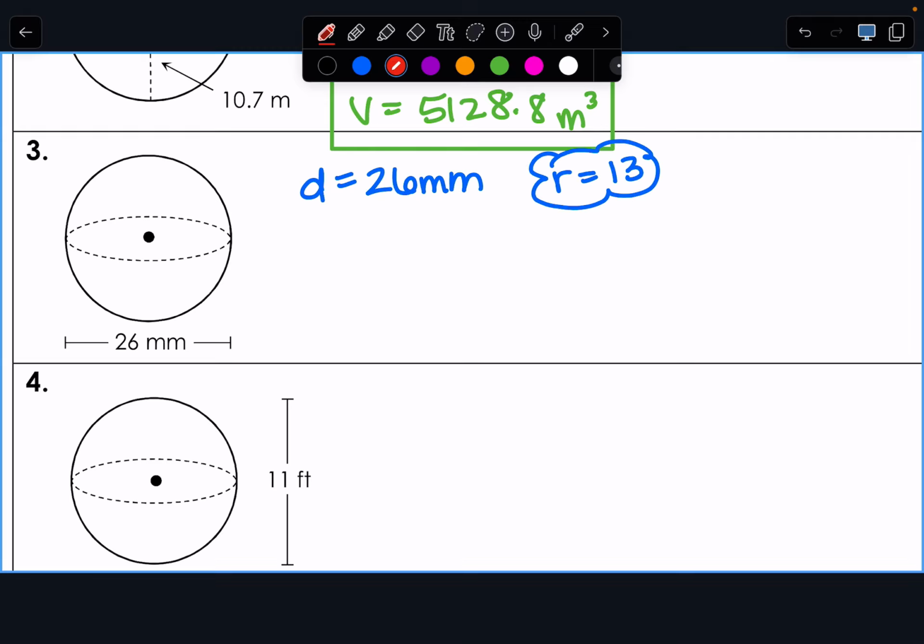So when I go to my formula for volume equals 4/3 pi r cubed, we are going to have 4/3 times pi times 13 cubed. Okay, Kaylee got 13 because when we have the diameter, we need to cut it in half to get the radius. Okay. Calculate.